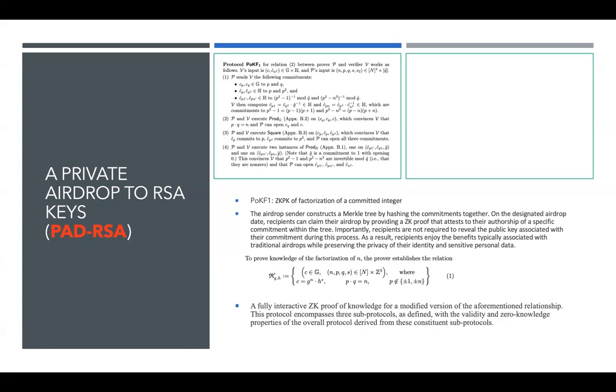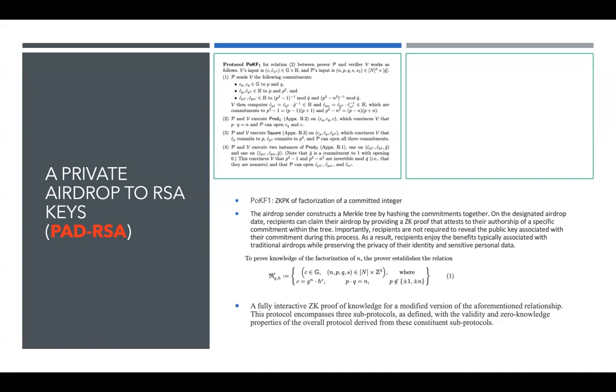Subsequently, the airdrop sender constructs a Merkle tree by hashing the commitments together. On its designated airdrop date, recipients can claim their airdrop by providing a zero-knowledge proof that attests to their authorship of a specific commitment within the tree.